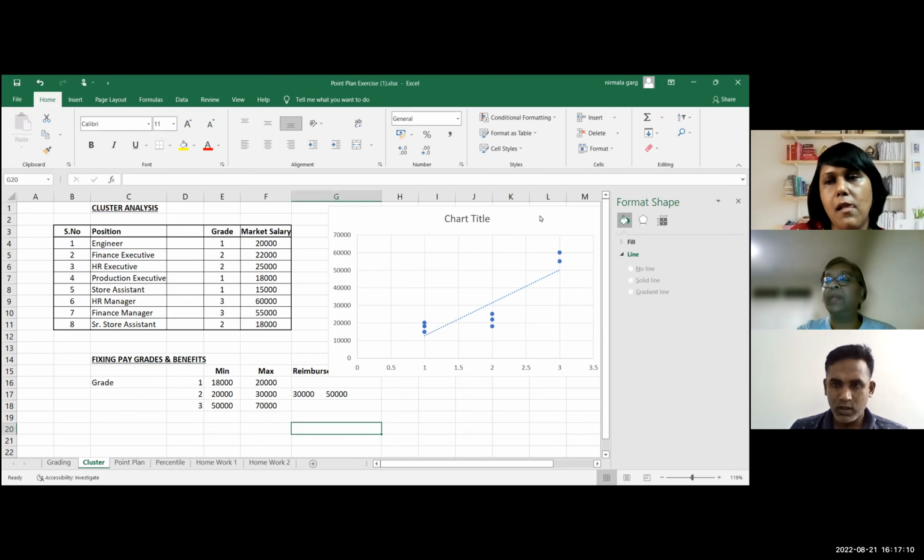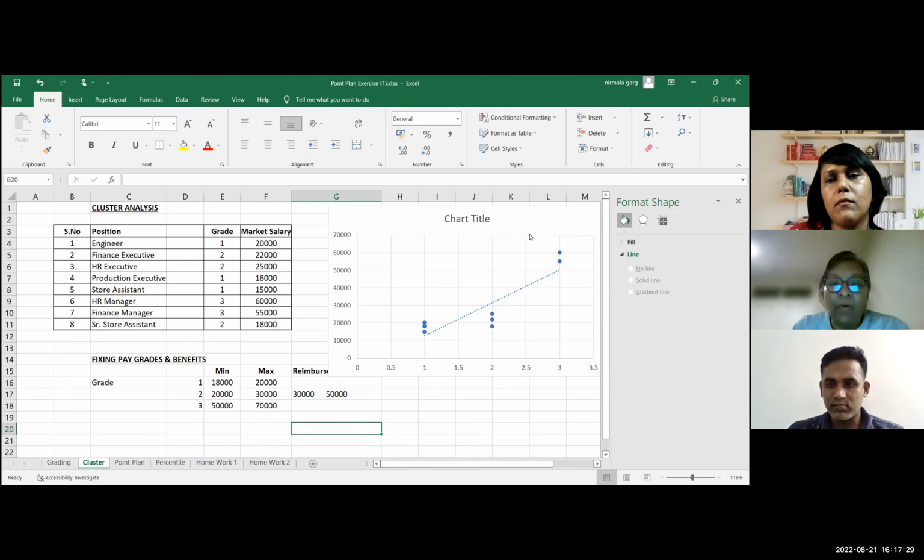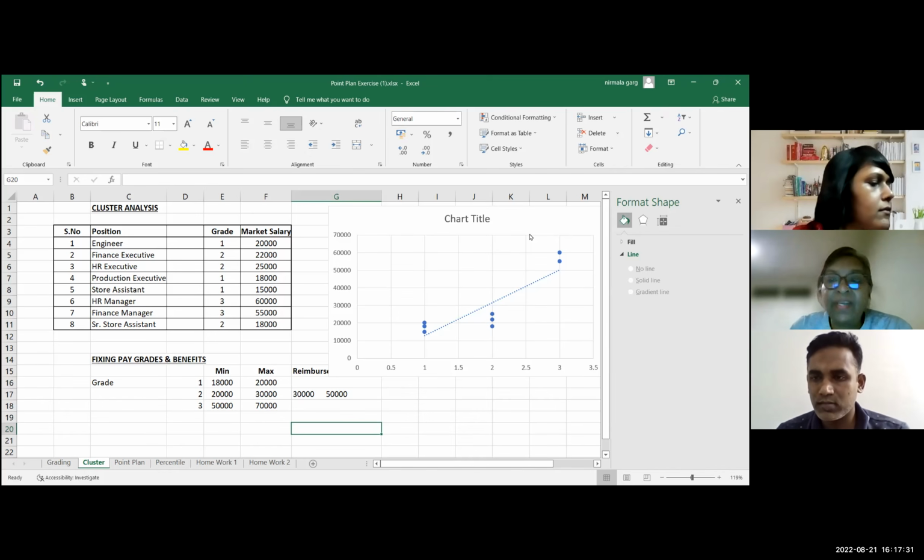Yeah, tell me. In terms of the market salary we have considered, the budget of the organization is such that they are not willing to go with this, so they will be lagging behind the market, right? So you now asked me, ma'am, it's all good, this is the market data I have got, and I have fixed my grades.